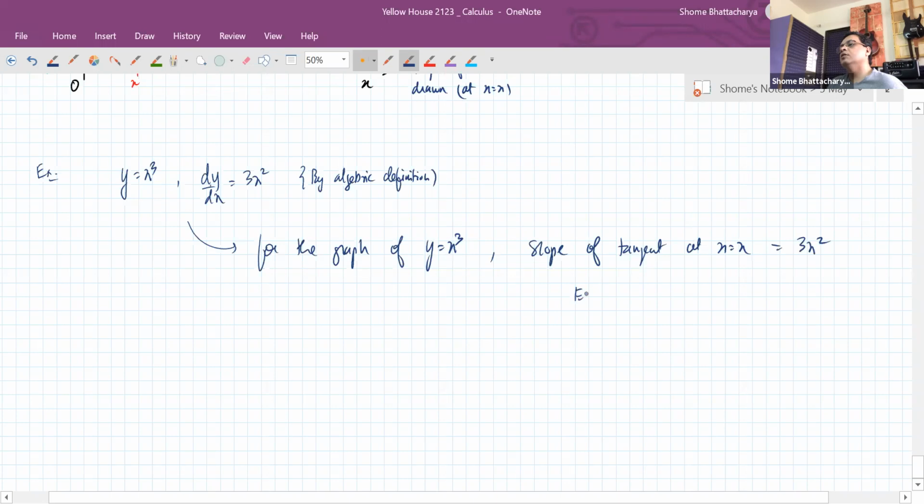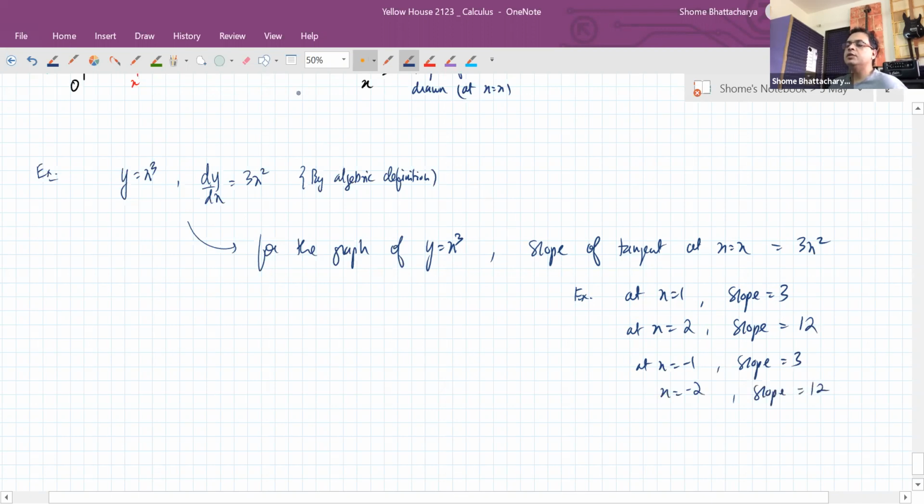So for example, at x equal to 1, the slope should be 3. At x equal to 2, the slope should become 12. At x equal to minus 1 also, the slope should be equal to 3 only. At x equal to minus 2 also, the slope should be 12. Let's understand how this relates with respect to the graph.